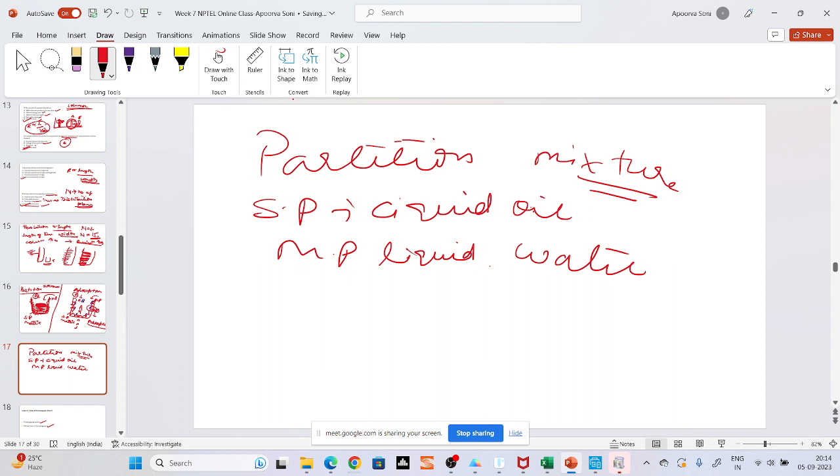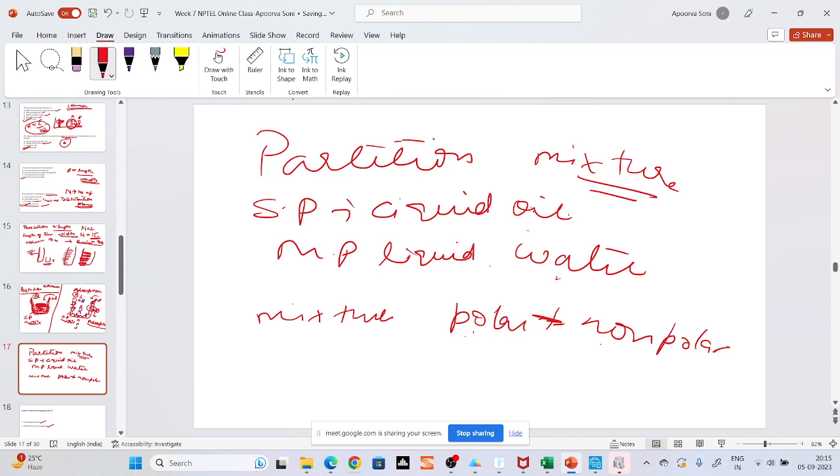If you have a mixture which has polar molecules as well as non-polar molecules, what will happen? Because your stationary phase is oil, all the non-polar molecules will partition into the oil, and all the polar molecules will come into the water, and when that water comes out, all the polar molecules will come out. This is your partition.